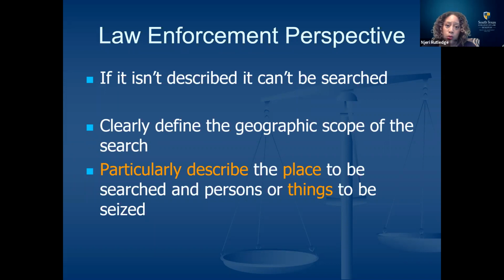So hopefully they'll know, but sometimes mistakes happen all the time. They can be particular with their descriptions by including a photograph or a diagram or the actual property address, its lot number or whatever. But you want to make sure that it's very clear to whoever is going to follow through with that warrant that they go to the right location.